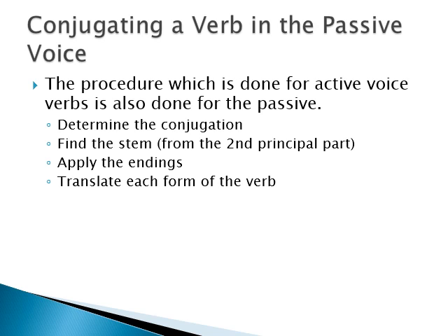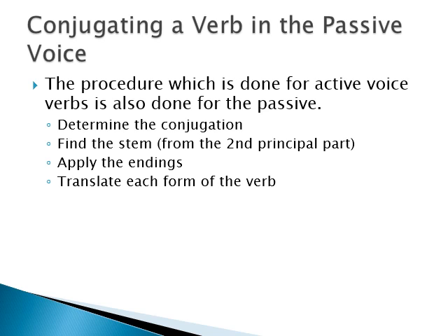Same thing we did before when conjugating. Figure out the conjugation, find the stem from the second principal part, apply those endings, then translate the verb. You'll do this in one of your exercises. First conjugation has an ARE, second conjugation has a long ERE, third has a short ERE, fourth has an IRE at the end of the second principal part.